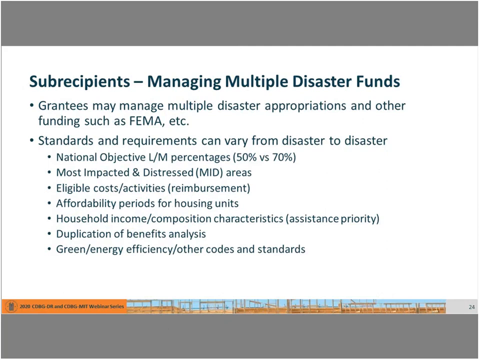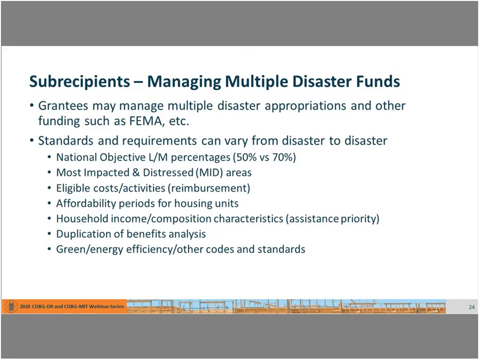When we talk about subrecipients, it's important for grantees, now especially more than ever, to make sure that they can distinguish clearly the multiple disaster appropriations that they've received, not only from HUD, but that they may have also received from other federal agencies, including FEMA, all right? These are important because some agencies, especially when we have state partners or state sister agencies, may have experience with other federal disaster funding standards and not necessarily be familiar with those as articulated under our HUD programs.